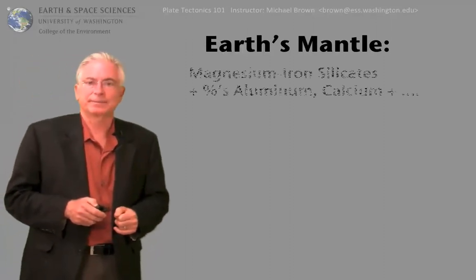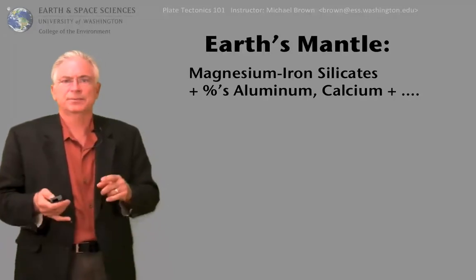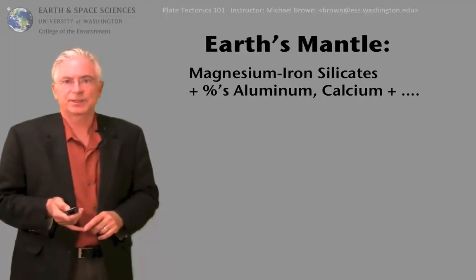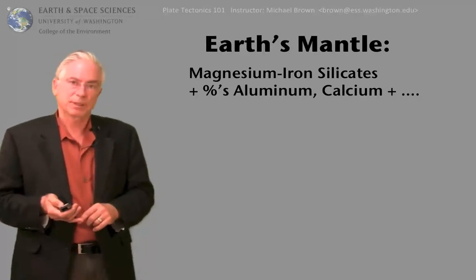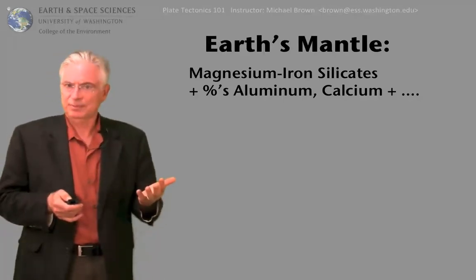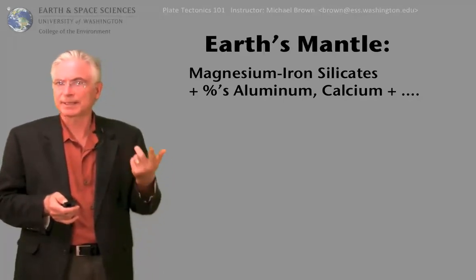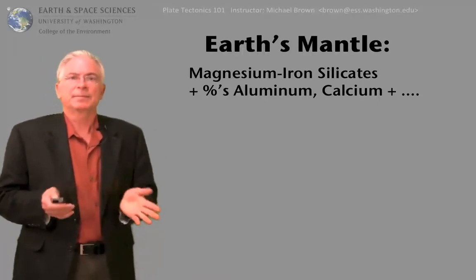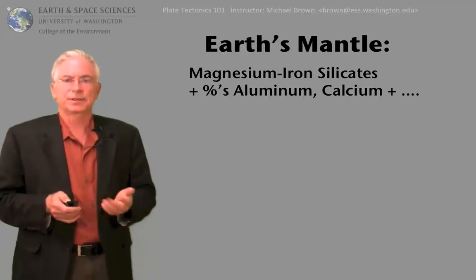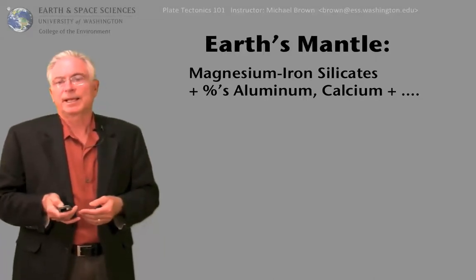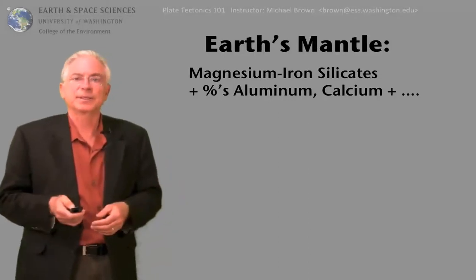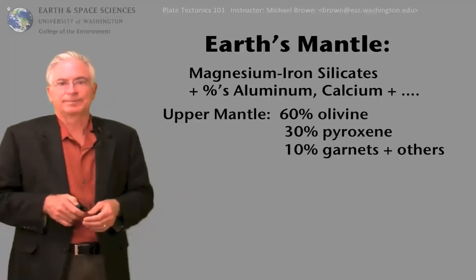The Earth's mantle is primarily a magnesium iron silicate mixture. Magnesium, iron, silicon plus oxygen. That's pretty simple. Three elements, magnesium, iron, silicon, plus oxygen. Then beyond that, there's a few percent aluminum and calcium, and beyond that there's sub-fractional percents of all the other elements in the periodic table.